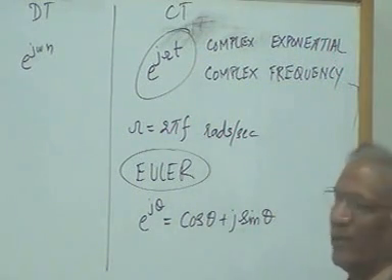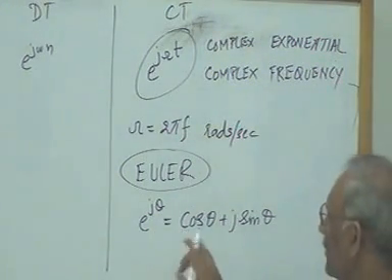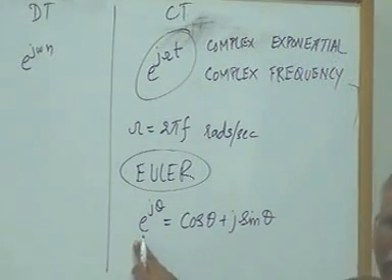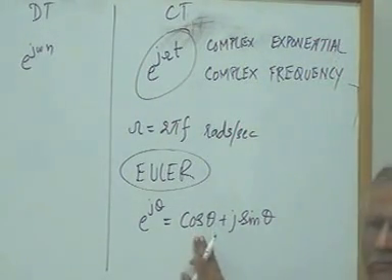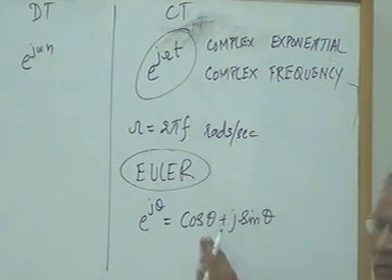So he said that this complex exponential, e raised to power of j multiplied by anything, theta, a, b, c, whatever you want to call it, comprises two parts. This is a complex number. It has a real part and it has an imaginary part. The real part is cosine theta.